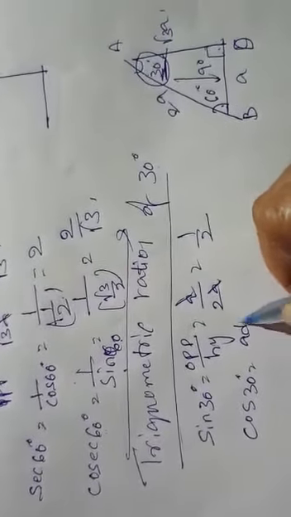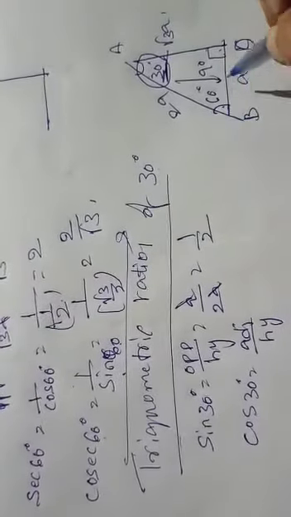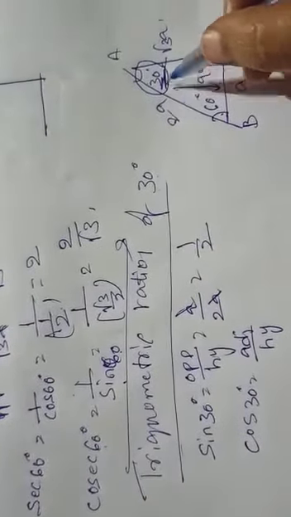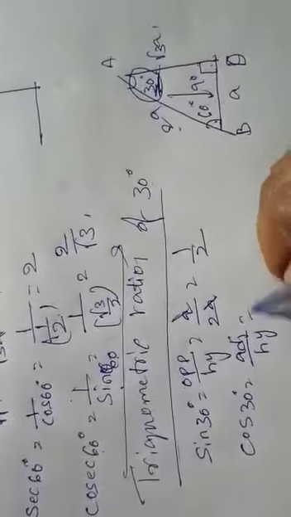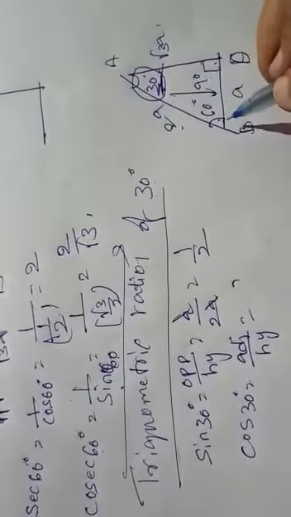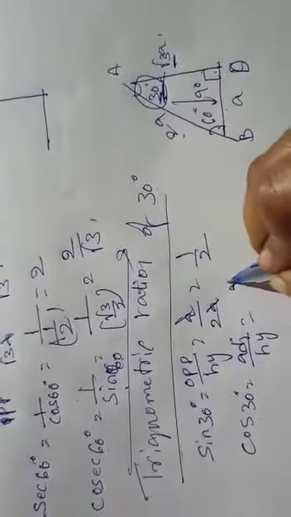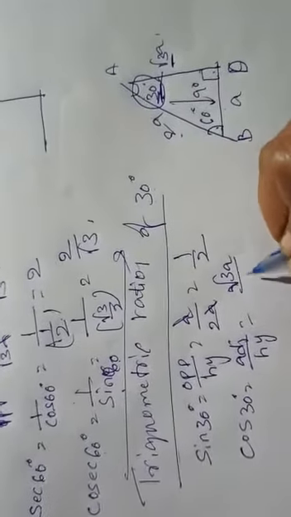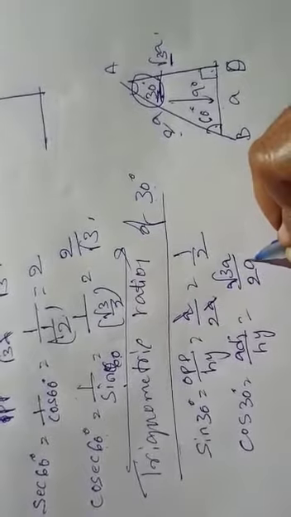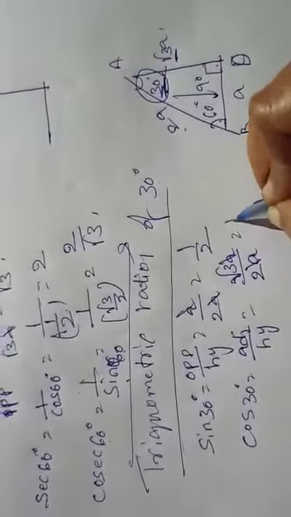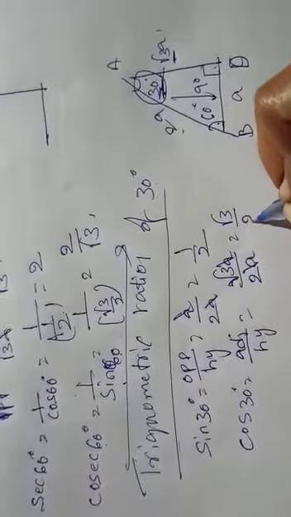Cos 30 degrees, the side adjacent to the angle 30 degrees by hypotenuse. Adjacent side root 3 into a by 2a, root 3 by 2.